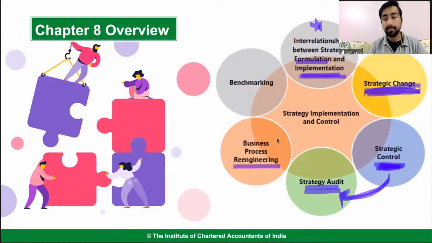Then we have business process re-engineering, right? This is a very important concept. A lot of questions come in examination from this. Simple terms में क्या है? Business process re-engineering means doing a particular process from the scratch again, right? That is called business process re-engineering. दोबारा से from zero level you start again a particular process, not the business, a particular process in the company, right?